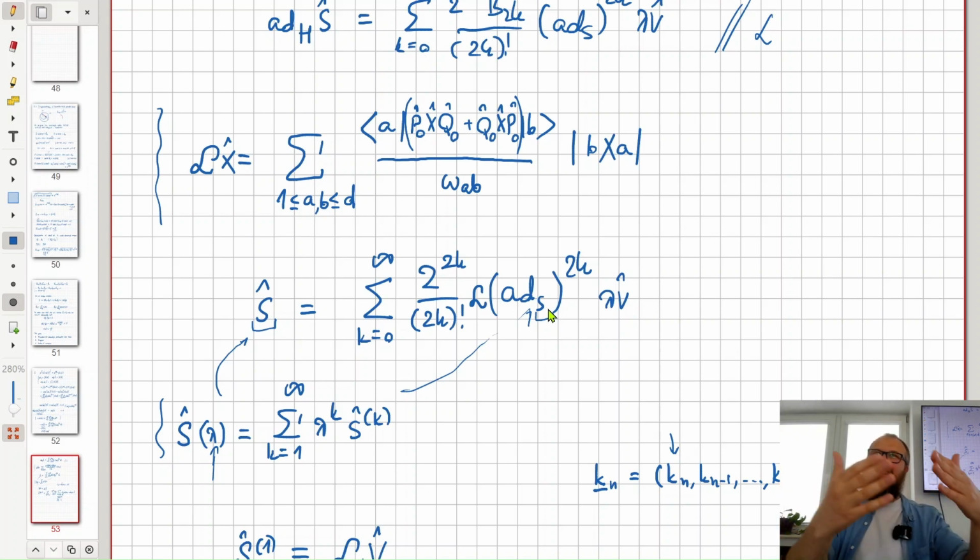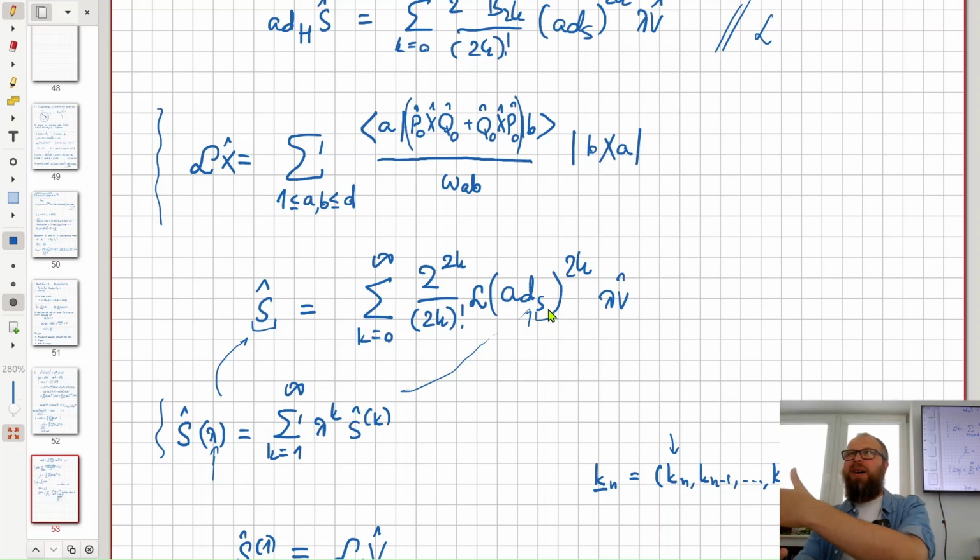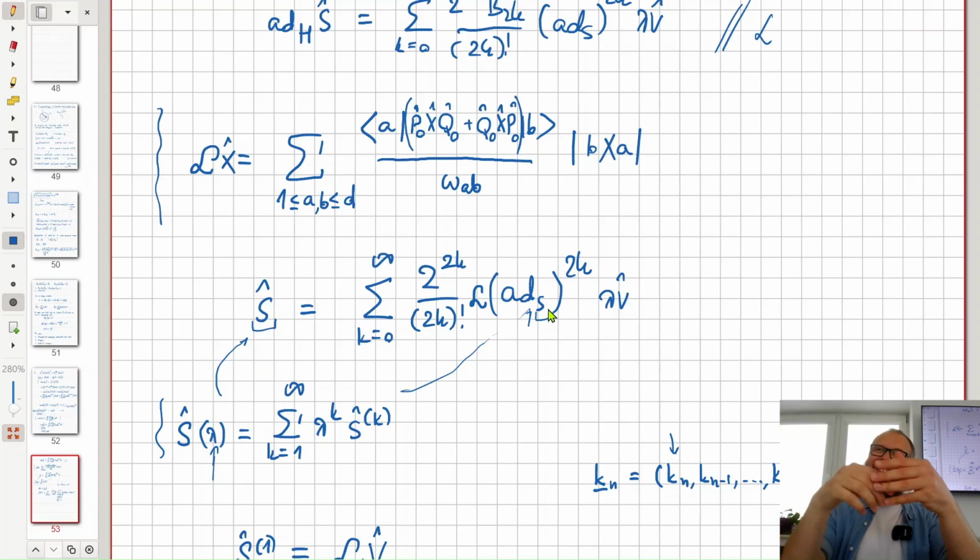You will have a lambda to the first power piece, second power, fourth power, and so on. So you can see that at each order you get branches essentially, like in a tree.